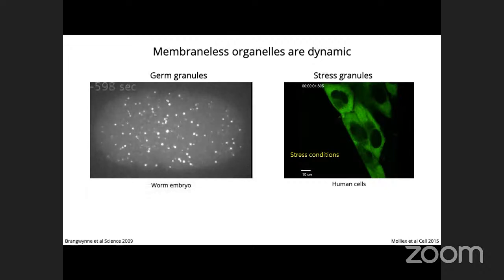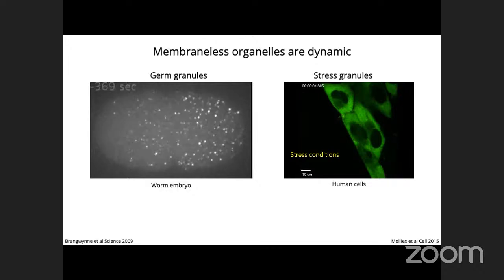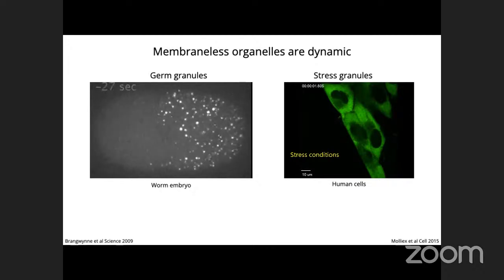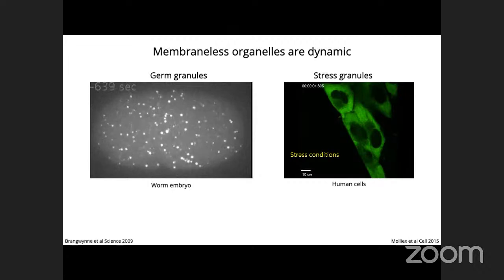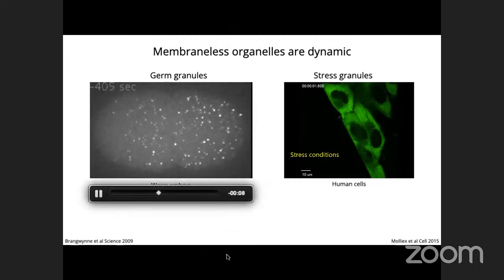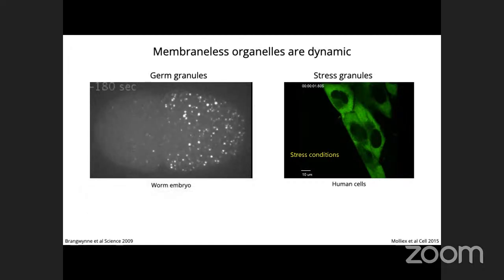It's eventually important in defining the fate of a particular cell. This defines which cells differentiate into germ cells, egg and sperm, and all cells that don't inherit this protein become somatic cells.